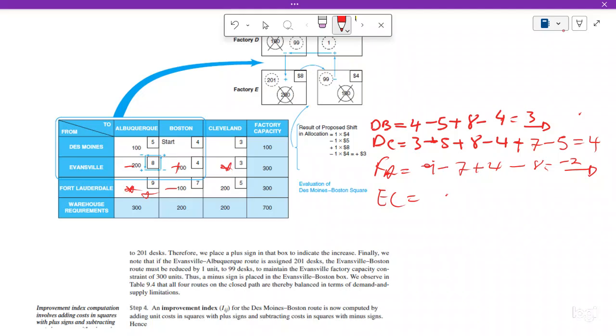So EC, we have 3, at least it's going closer. So that's our negative now. That is our positive, negative. So 3 minus 4 plus 7 minus 5, which is 1. So you are increasing by positive 1.